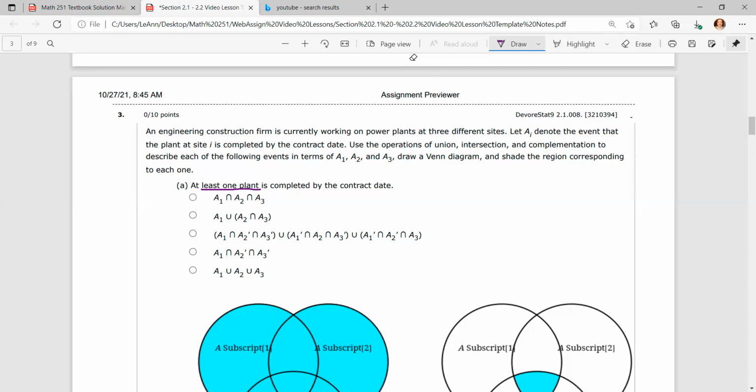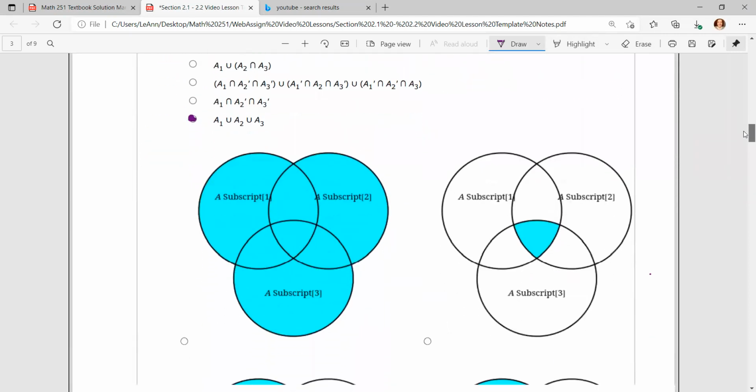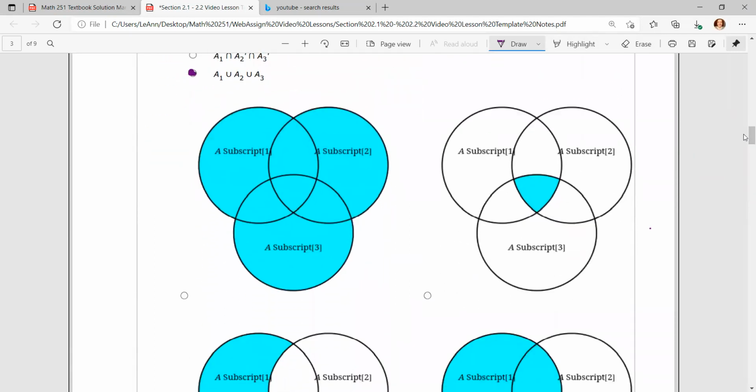Since that's very open to interpretation, that's an or statement. So we would say A1 or A2 or A3. Any of those possible combinations would work, so that's going to be a union of all 3. And when you have a union of all 3, you're going to be shading all 3 circles completely. So that's going to be this first choice.